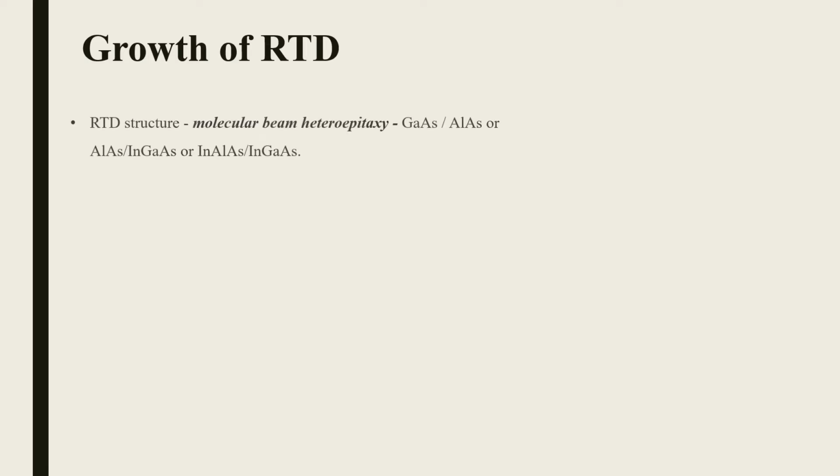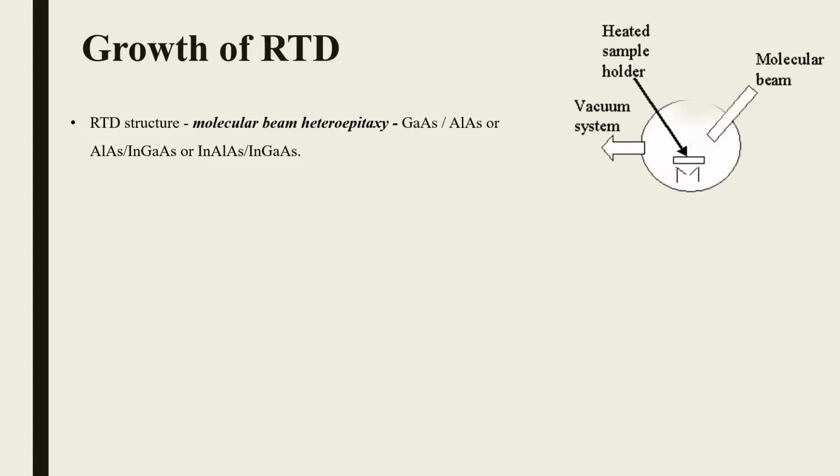Here we are going to look at how these resonant tunneling diodes are grown. The RTD structure can be grown by molecular beam epitaxy and in specific heteroepitaxy. Gallium arsenide and aluminum arsenide in particular are used to form this structure.